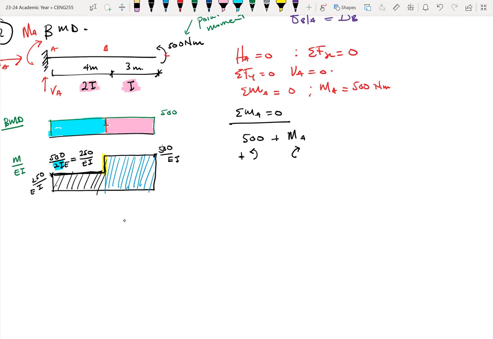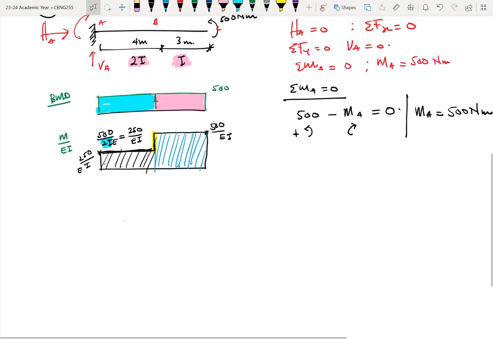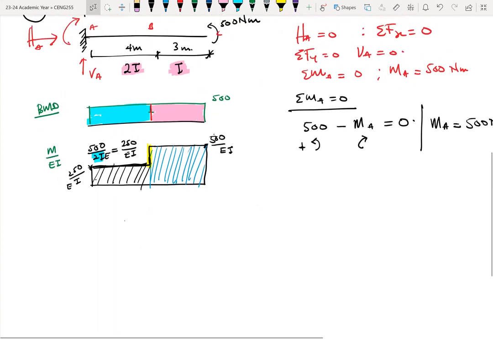So it becomes plus 500, minus MA equals 0. So this becomes the equation that we are looking at. All right. So with this, it means that my MA is equal to 500. It's a moment calculation. Okay. So let me go over this whole crazy stuff. It looks a bit crazy to us, at least for today. I'm sure after today it won't be crazy anymore.